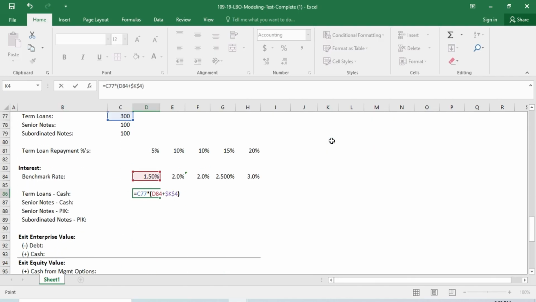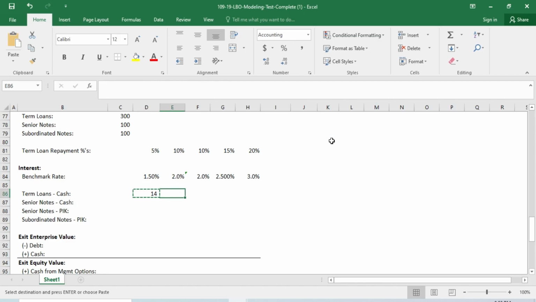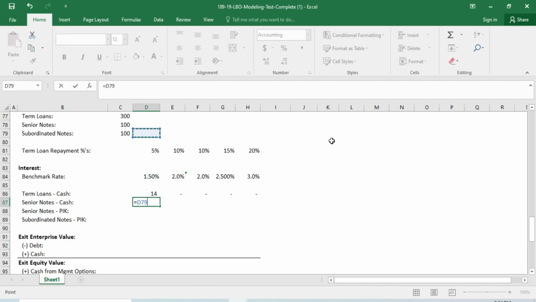So benchmark rate is 1.5% and will increase to 3% over 5 years.